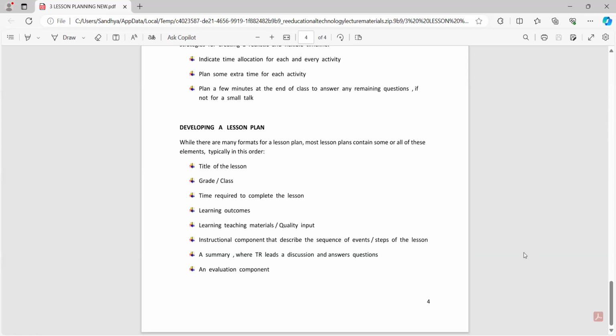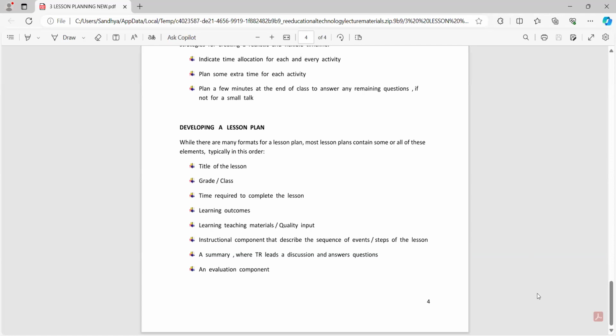Then to realize the specific objectives, what teaching learning materials are needed, and then the stages of the lesson, what activity first, what is it? Why? Right. And then you have to actually lead discussions to give the feedback or the summary, and then how to assess your students. That is it.